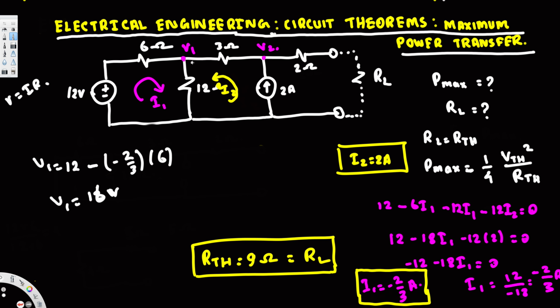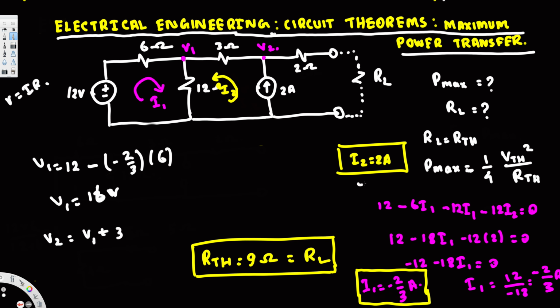V2 is going to be, since this current is going opposite direction of this one, we have to add them. So V2 is going to be V1 plus 3 times I2. So 3 times I2, we found out I2 is 2 ampere, right?